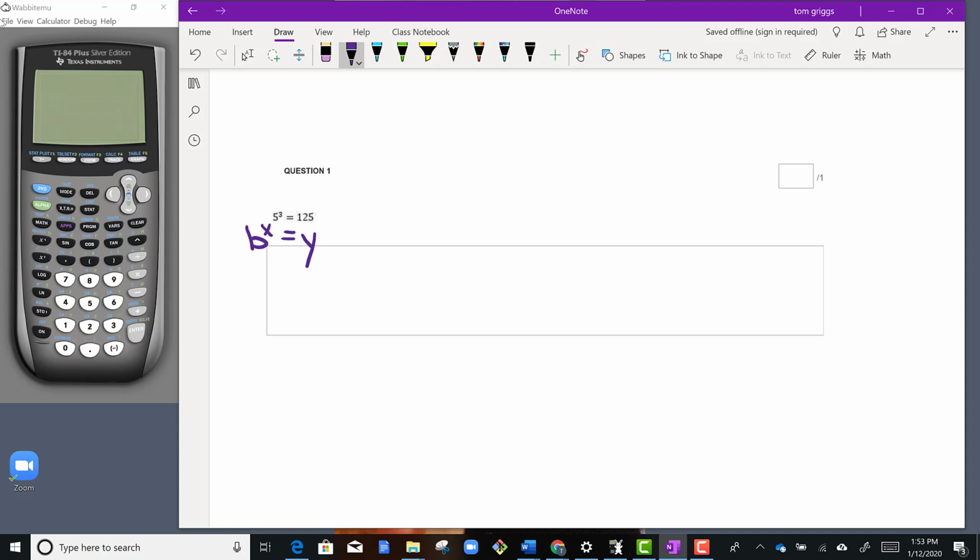So we want to convert it to log base b, y equals x. So you'll notice the 125 is in the y slot. So when I rewrite this, it's going to be log 125.